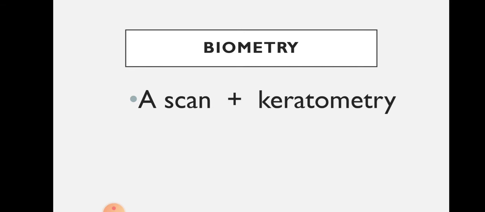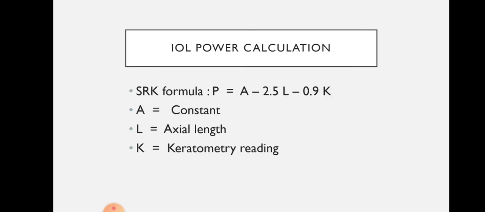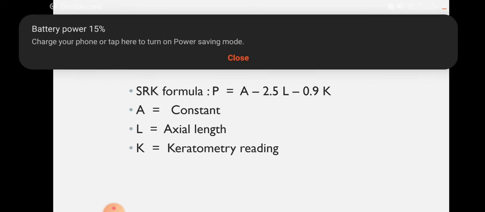Keratometry value means curvature of the cornea, that is the vertical corneal curvature, horizontal, and the mean K. These are added with the A-scan value to calculate the IOL power. For IOL power calculation, a formula is used called the SRK formula, the standard formula to calculate the intraocular lens power.